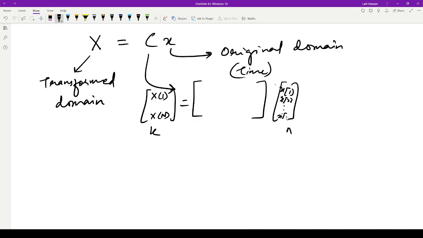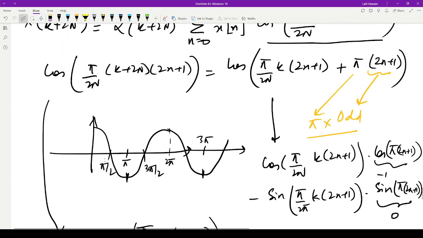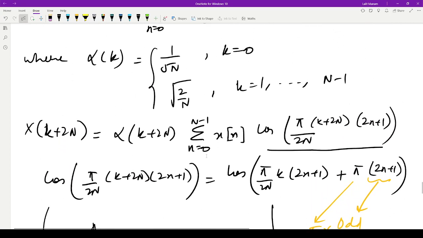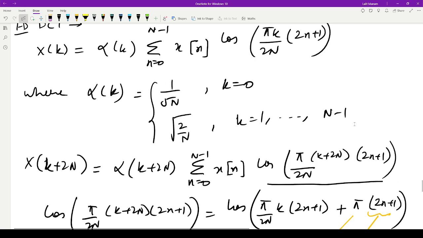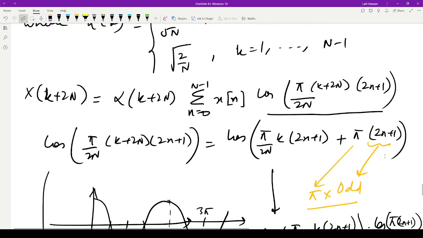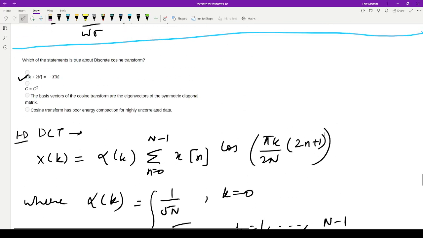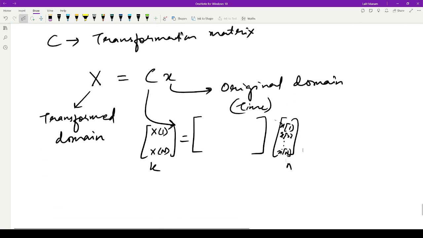Okay. So given this, how would the C matrix look like using this formula? Cos of pi k upon 2n into 2n plus 1. So you have to take it from n equals to 0 to n minus 1.